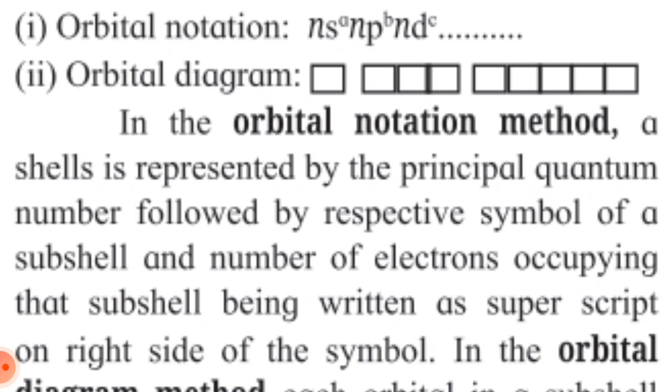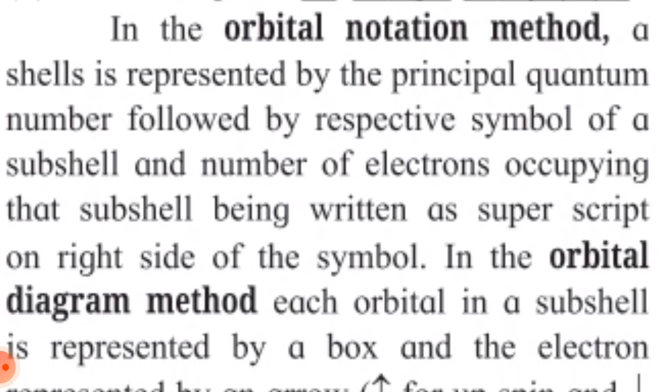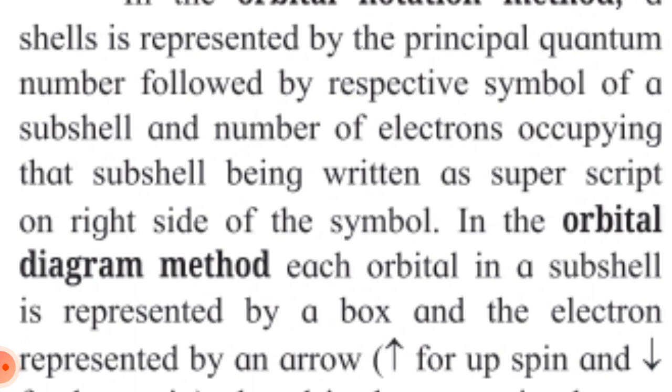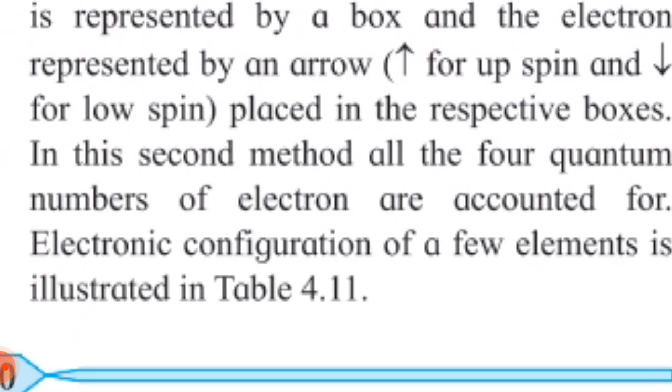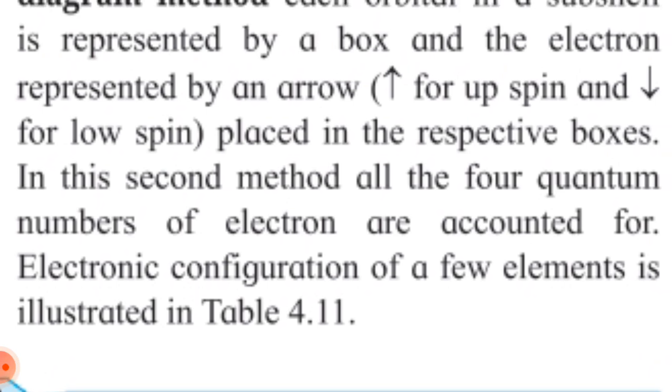Second, orbital diagrams. In the orbital notation method, a shell is represented by the principal quantum number followed by the respective symbol of the subshell, and the number of electrons occupying that subshell is written as a superscript on the right side of the symbol. In the orbital diagram method, each orbital in a subshell is represented by a box and the electron is represented by an arrow for up spin and for down spin.